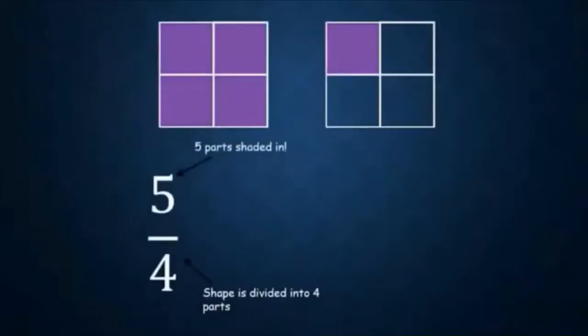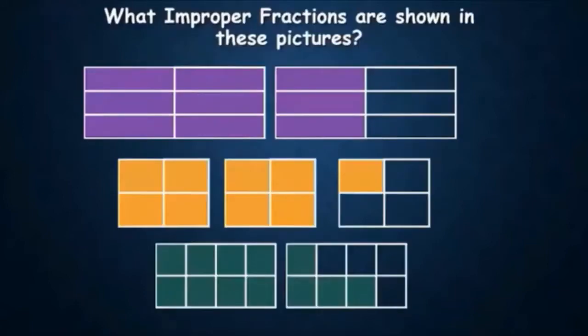That means 5 parts are shaded and the shape is divided into 4 parts. So we'll take 2 shapes for this also, as 5 is more than 4. In the first shape it will be fully shaded, and in the second shape only one part will be shaded.